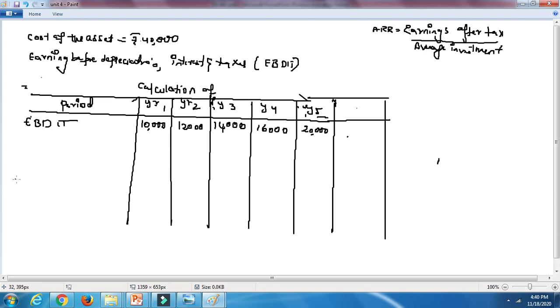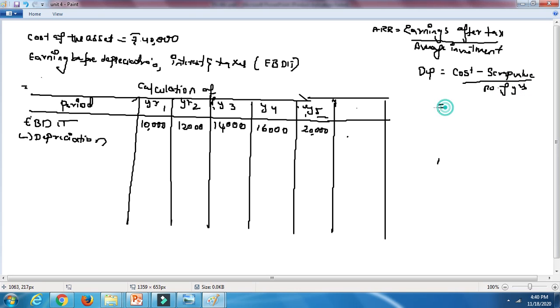The very first thing, since he is asking for earnings after tax, is that we need to deduct depreciation. There is a formula for depreciation, it will not be given. You need to substitute in the formula and calculate. The formula, as I showed you in my class yesterday, is cost minus scrap value divided by the number of years.